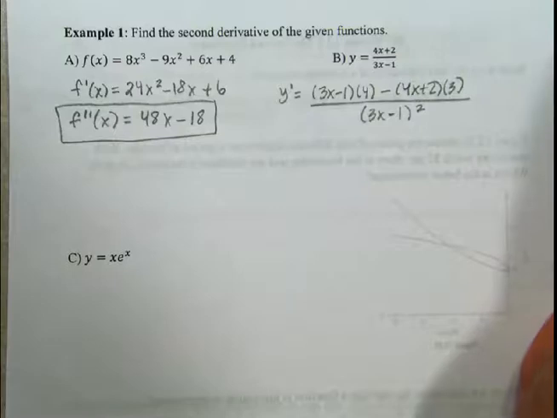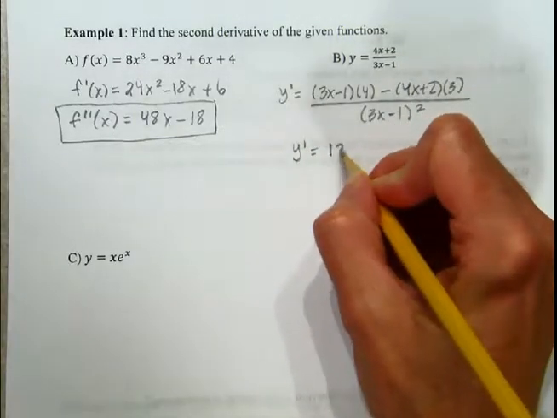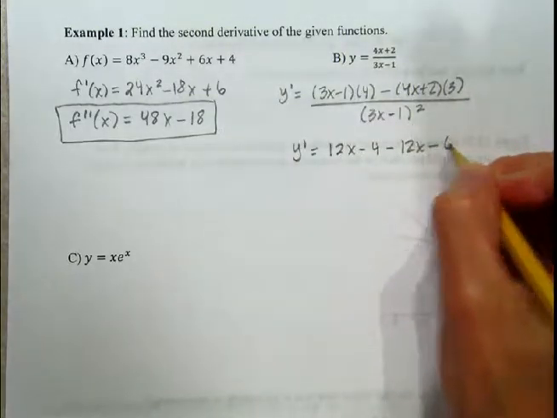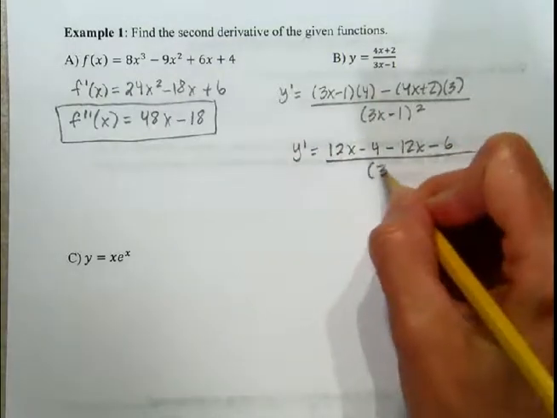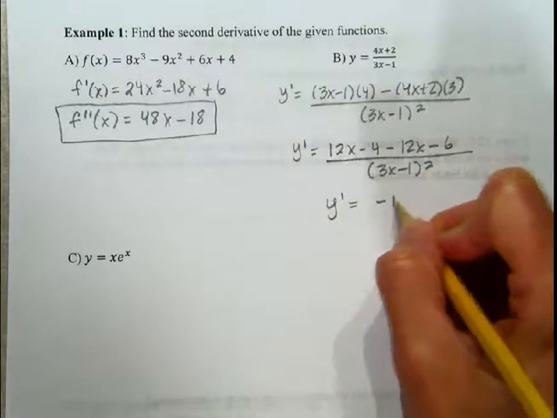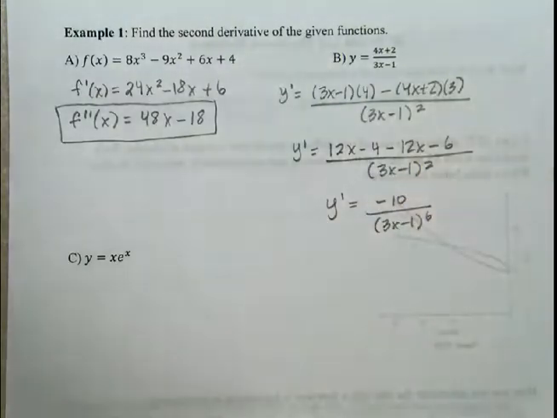And then we've got to clean that up. I don't need to narrate you through this. I think you can get this far yourself. Okay, so that's our first derivative. Now we've got to take the derivative of that for our second derivative.